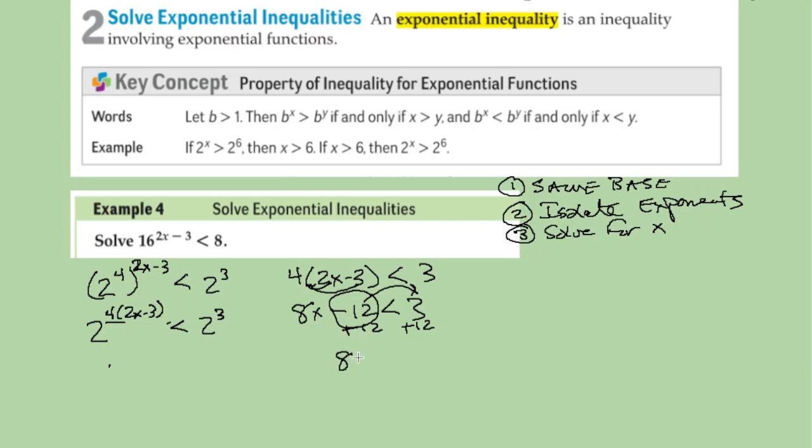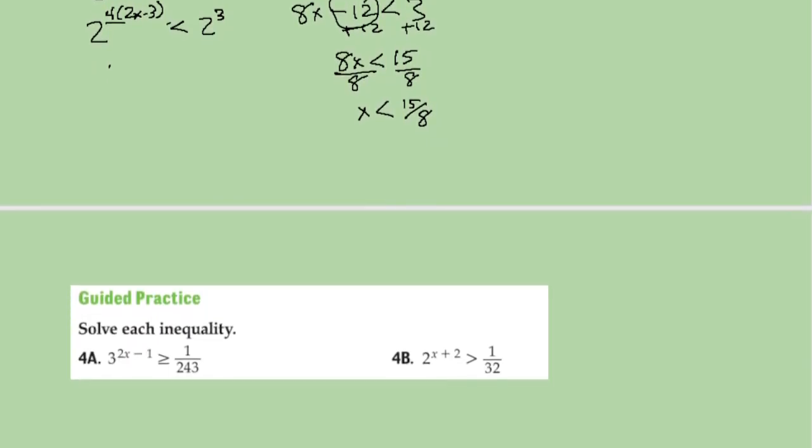It's just the multiplication and division. So you have 8x less than 15. We're going to divide both sides by 8, and you're going to get x is less than 15 eighths. So x is less than just a little less than 2, right? So 1 7/8.